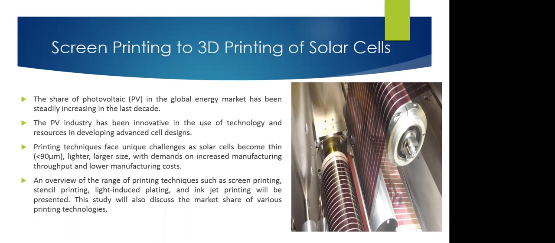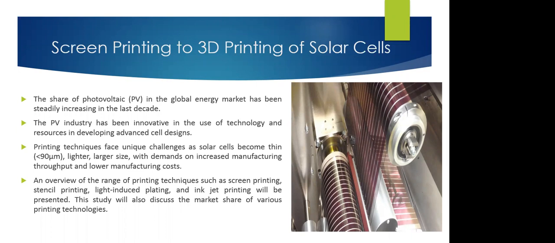In screen printing to 3D printing of solar cells, photovoltaic or solar cells have seen a rapid growth in the USA and the world in recent years. Global photovoltaic shipments have increased 11 times in the last decade alone.